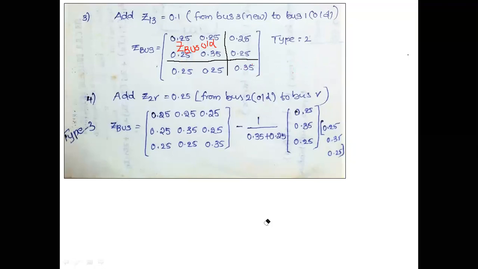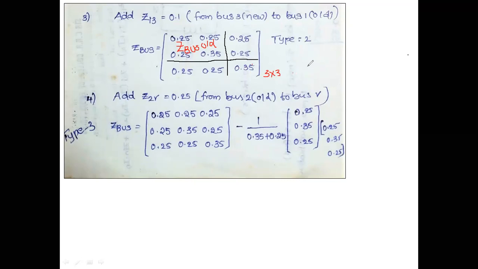According to this type 2 modification, the Z bus new is 3 by 3. Now again, we need to check whether type 2 modification is still existing or it is concluded in step number 3.